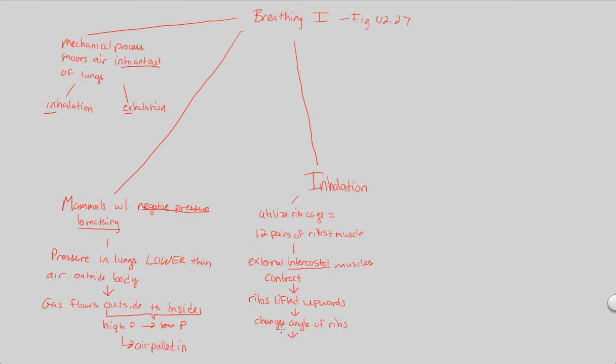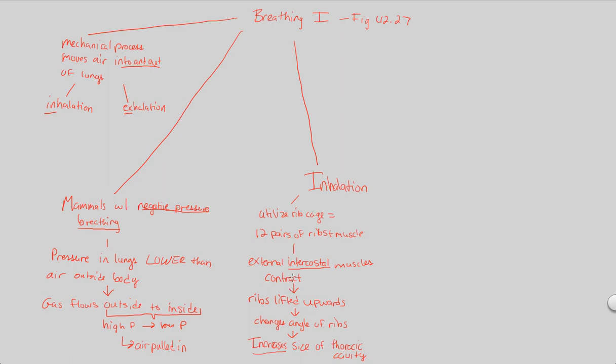That's the final result of all of this muscle and bone movement. Overall, this increases the size of the chest, or what is otherwise known as the thoracic cavity. This is going to be good. Why is this good? We need to increase the thoracic cavity size because we're breathing in right now.